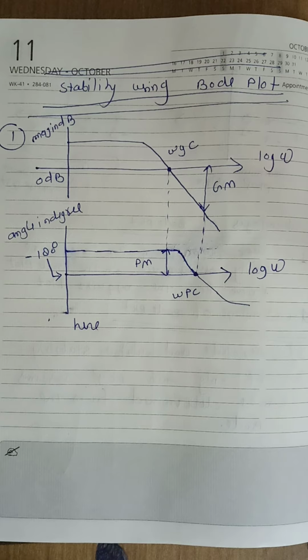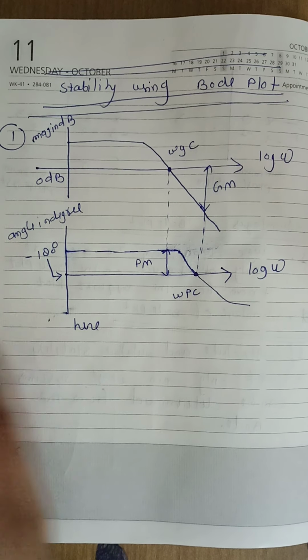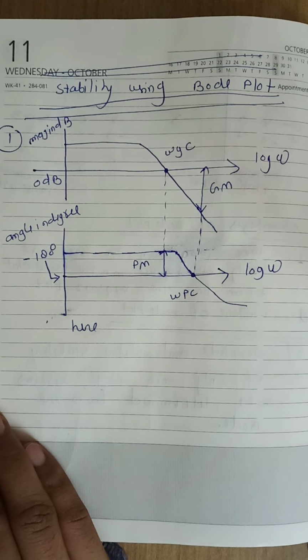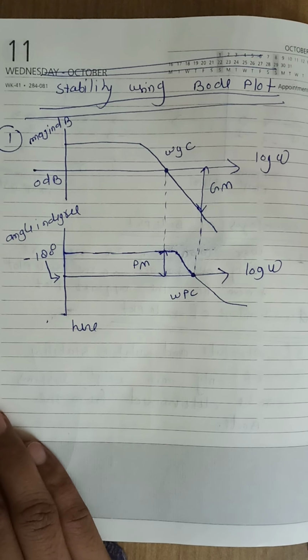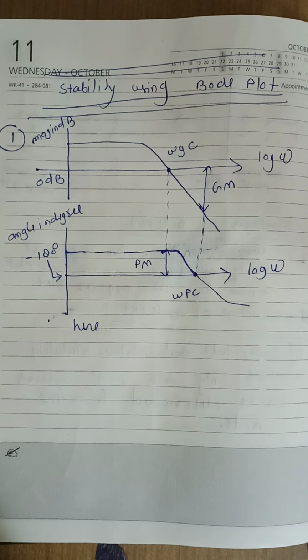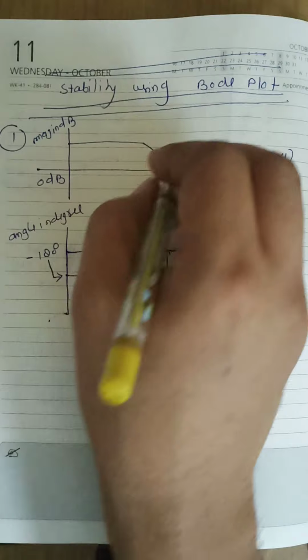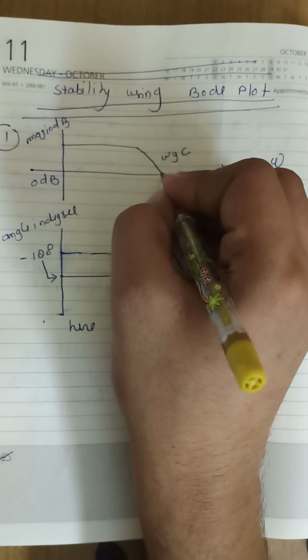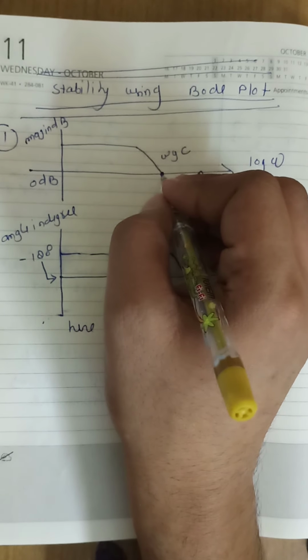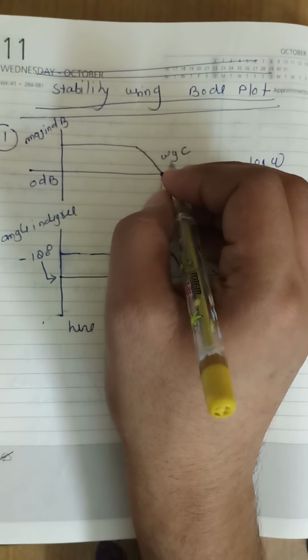Now let us see how we can define phase margin according to the bode plot. To determine phase margin, first we will find the point at which the magnitude plot intersects the 0 dB line. This point is the gain crossover frequency point, where the frequency equals the gain crossover frequency.